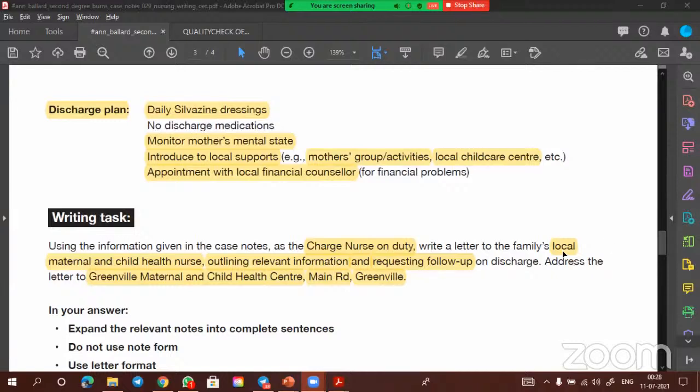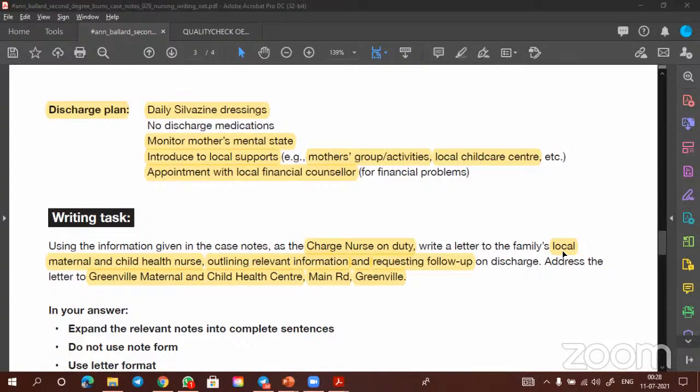So here you'll take the address from here. So address comprises here of how many lines? So one is the profession of the receiver.